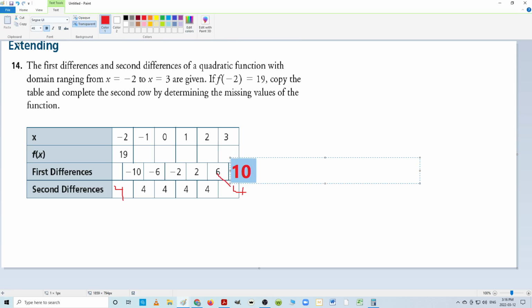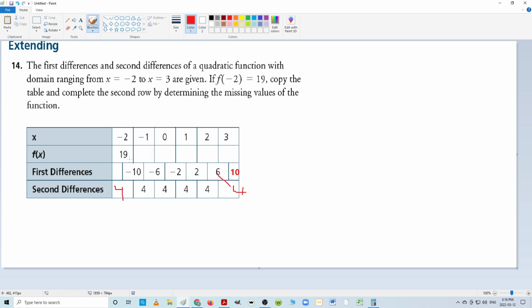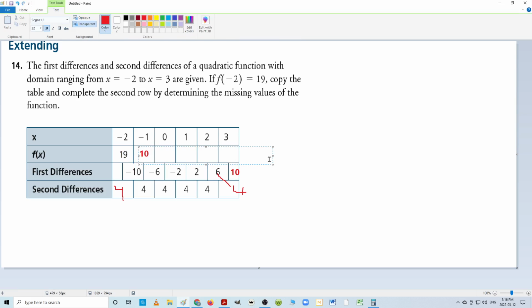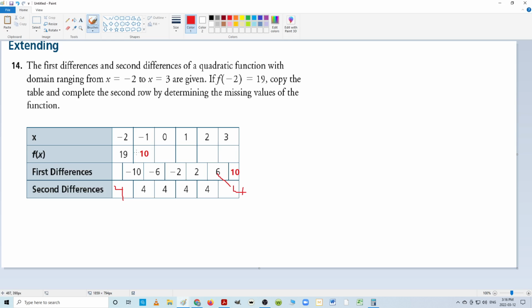And first differences also say that the same thing happens. So if I'm subtracting 10 here from 19, I get a 10. Then if I'm subtracting 6 from the 10, I'm going to get 4.